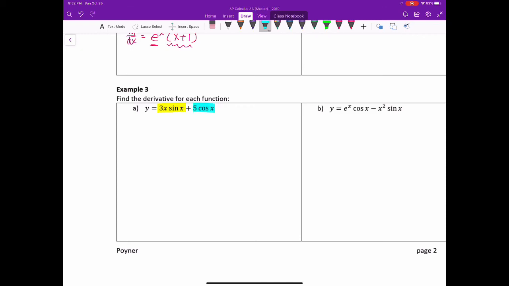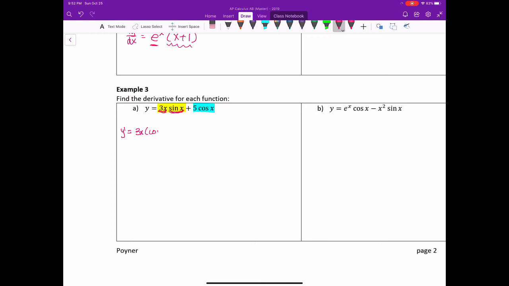So for the yellow one, the first term, I have to use the product rule. So when I write this out, y prime is going to equal the first function and the second function are here. I'm underlining them each individually. So we have 3x times the derivative of the second function, which is sine.